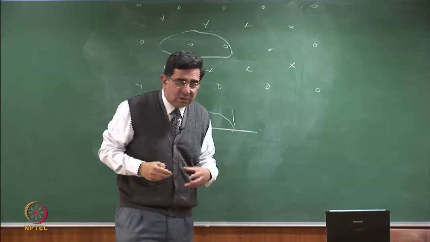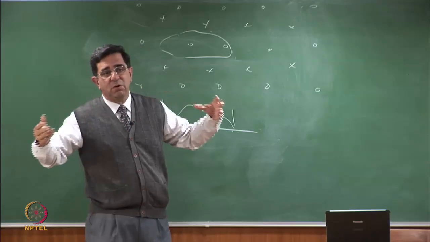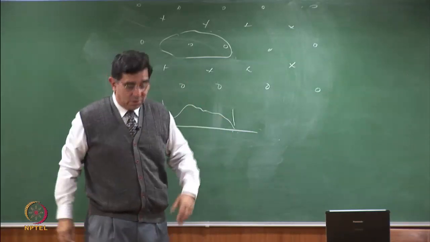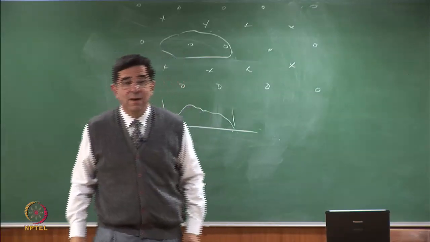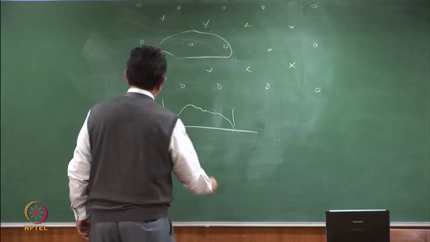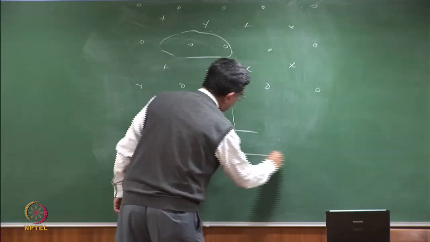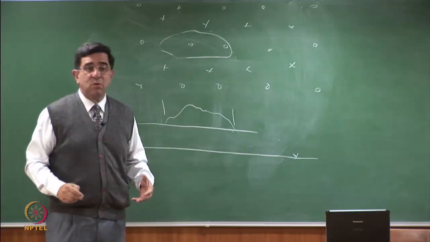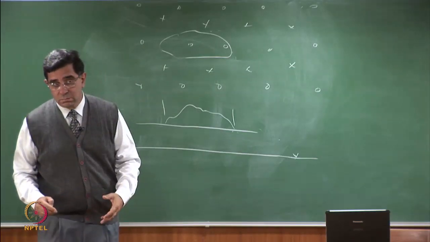And then on the basis of this finer grid, I should be able to give you how the contaminant varies in plan. Still, I will not be able to give you how it varies in depth. So if I have to give you how it varies in depth, and let us say this is the groundwater table, then what am I trying to say? I am trying to say how deep is the plume?